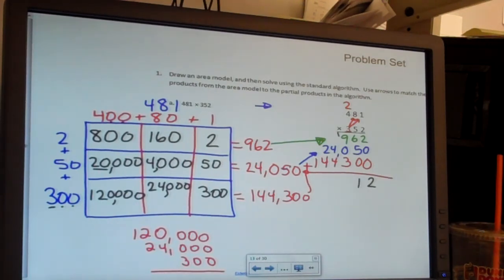Drop your 1, carry your 1. 9 plus 1 plus 3 is what? 13. Drop your 3, carry your 1. 1 plus 4 plus 4, Jillian? 9, good. 2 plus 4 is 6. 1. You should have gotten 169,312.